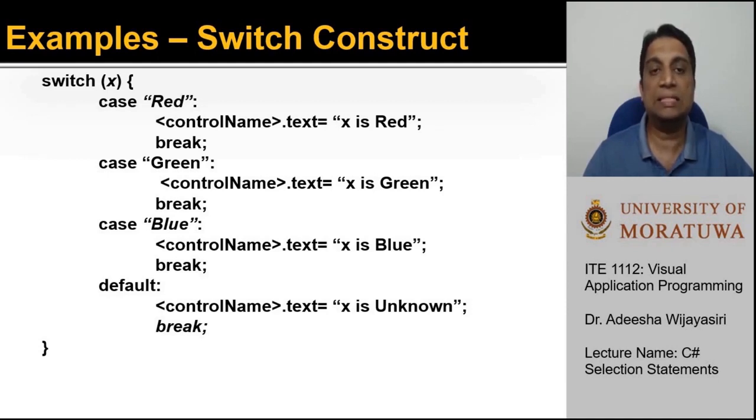Similarly, the third case will be executed if the value of x is blue. If the value of x is not any of red, green or blue, then the default case will be executed. As I mentioned earlier, the break keyword must be used after every statement sequence.